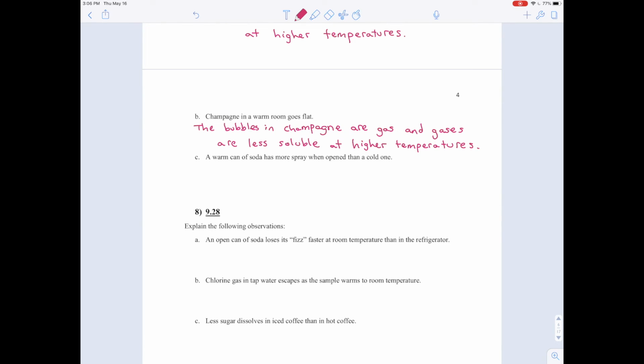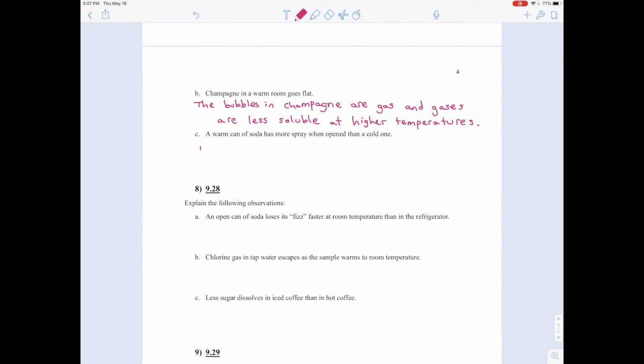C, it says a warm can of soda has more spray when opened than a cold one. And this is a fun experiment. If you take 2 Coke cans and you leave one out, so it's room temperature, and put another one maybe in the refrigerator for a couple days, shake them both up and open them, you'll see the one that was warmer has much more spray and explodes much more than the colder one does. In other words, the gas is less soluble in the warmer one. So this one has a similar explanation as the previous.